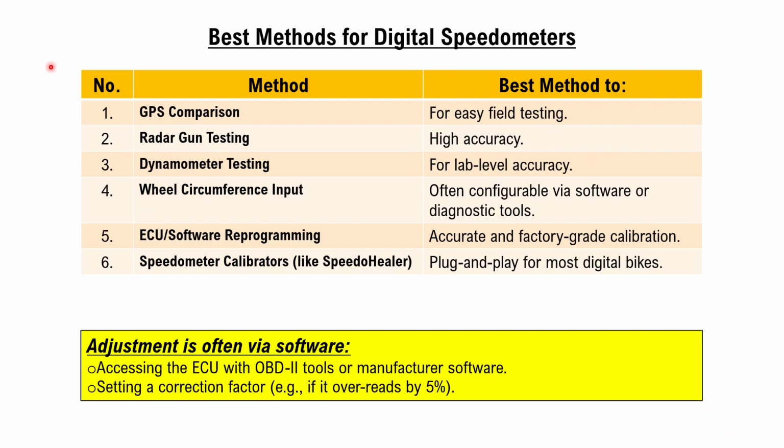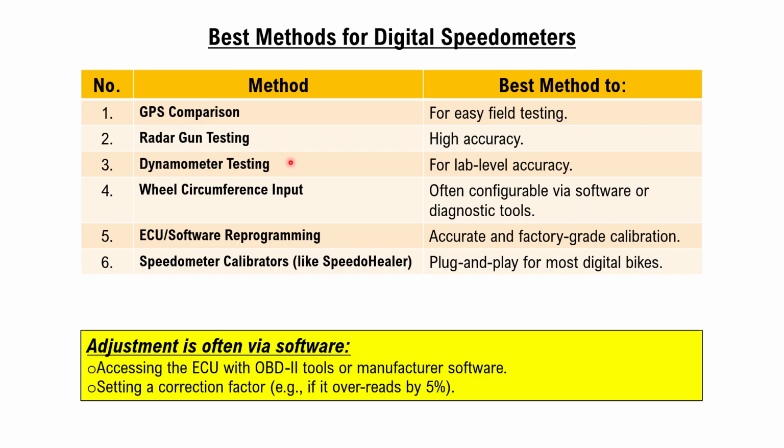And which method is best for digital speedometers? Let us consider GPS comparison. It is best for easy field testing. Radar gun testing is good for higher accuracy.